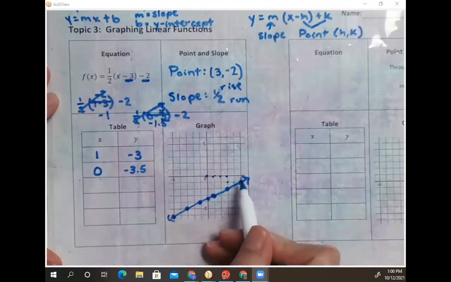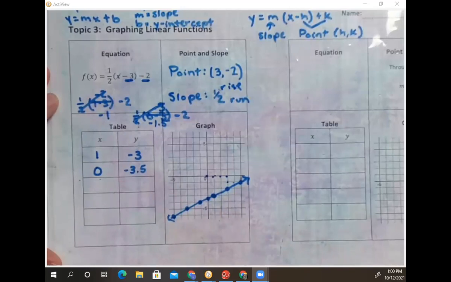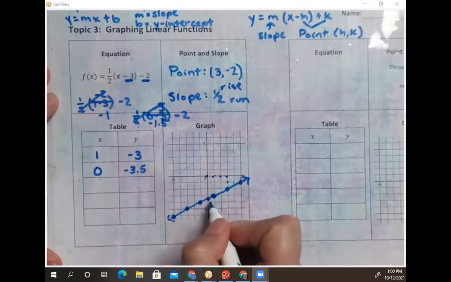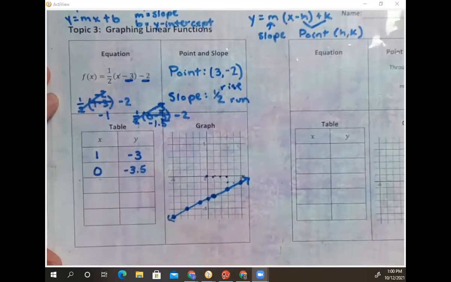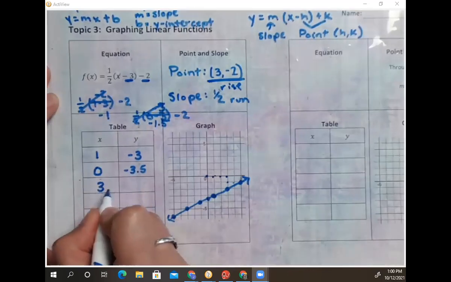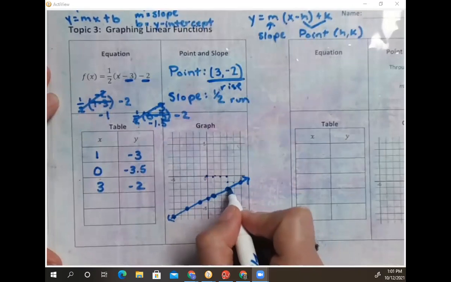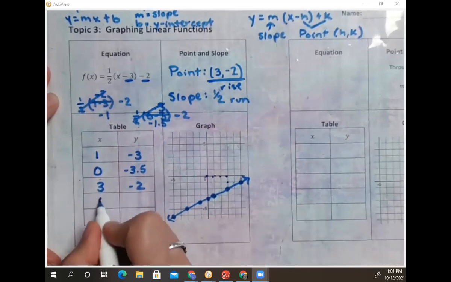Now, if you've already graphed your function and I ask you for a table as another way to represent it, you can also just pull points from your graph. So we've got (1, -3). We also know the point (3, -2) is going to be on here, right, from our function. So that's that guy right there. We have the point (5, -1).